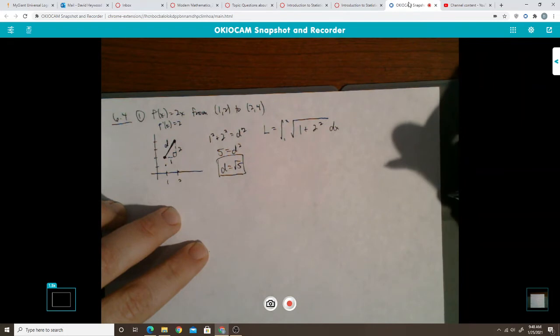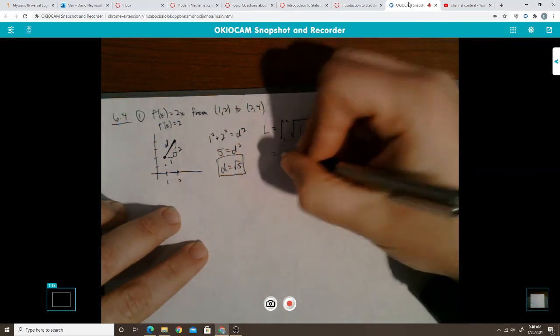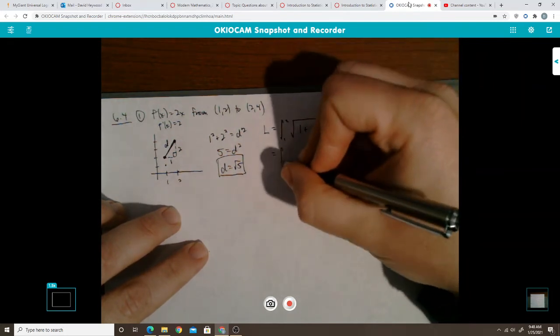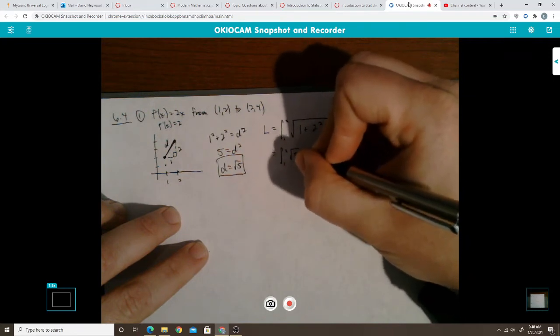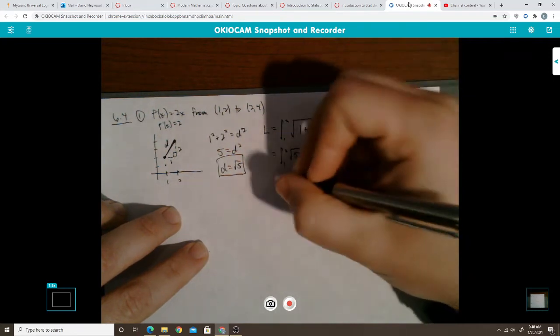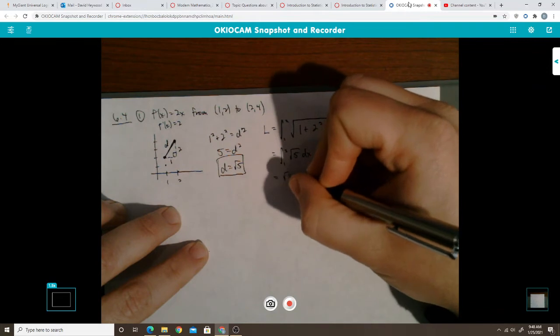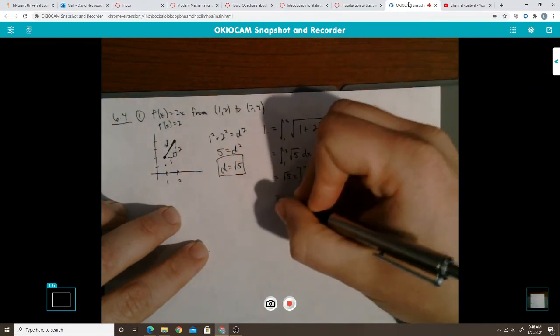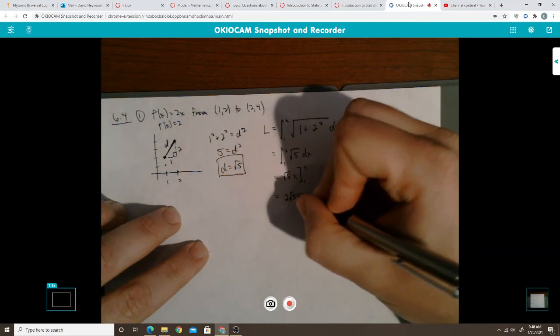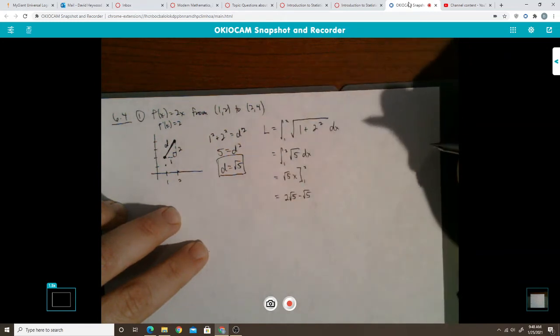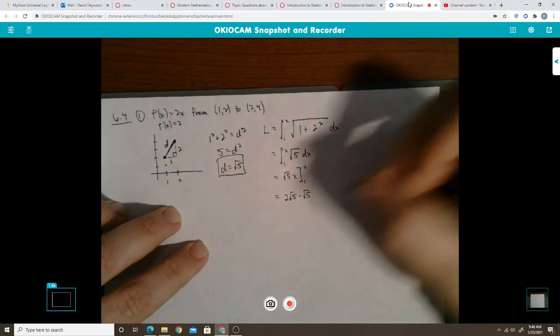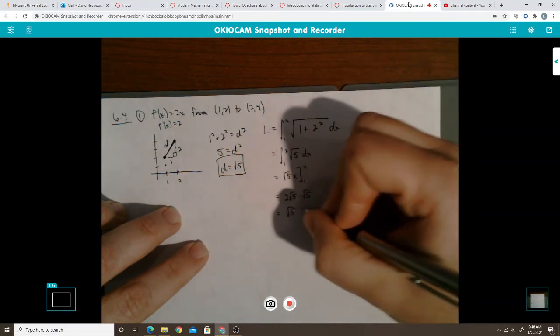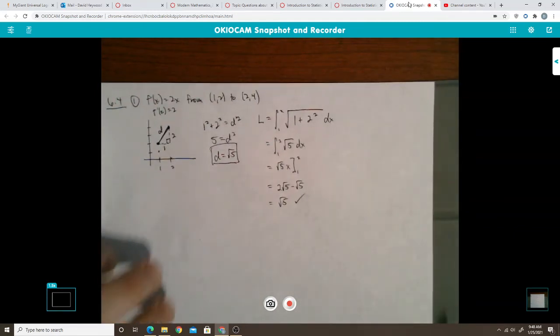This would be the integral from 1 to 2 of square root of 5 dx. That's going to be square root of 5 times x evaluated from 1 to 2. That's going to be 2 root 5 minus root 5, which is just root 5. Okay, so that one works.